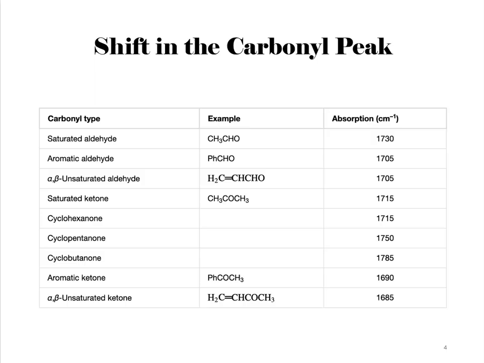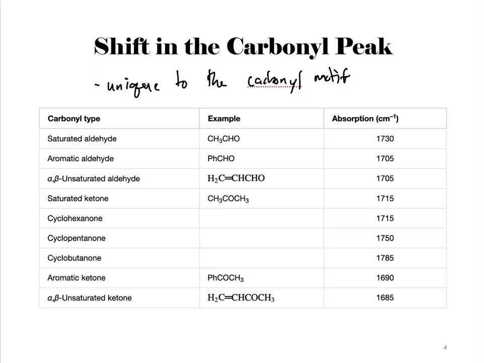And so these are unique to the carbonyl motif. And so some examples, a saturated aldehyde is going to have an absorption peak around 1730, aromatic aldehyde 1705, and then all of the different cyclic ketones are going to have larger frequency absorption peaks.